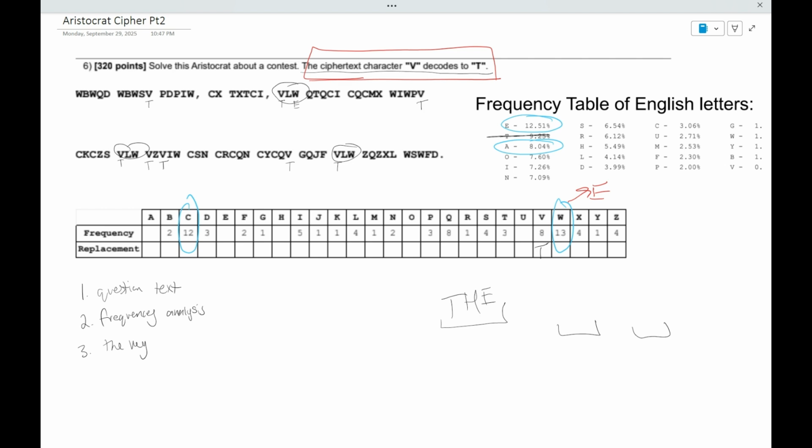And so we can go ahead and say that W is E and fill that in. So let me just erase these circles here. And then we're going to fill in W as E. And we have one here.